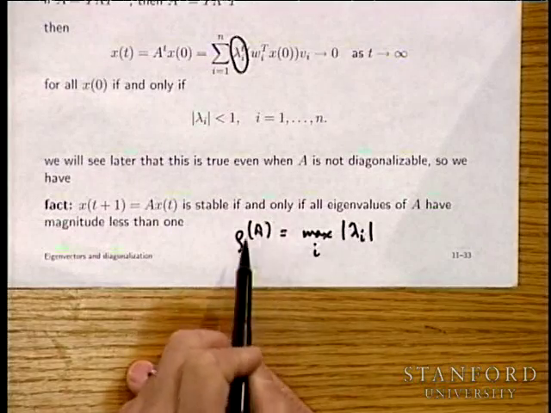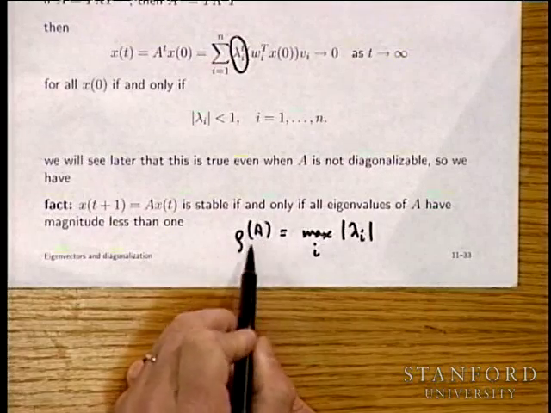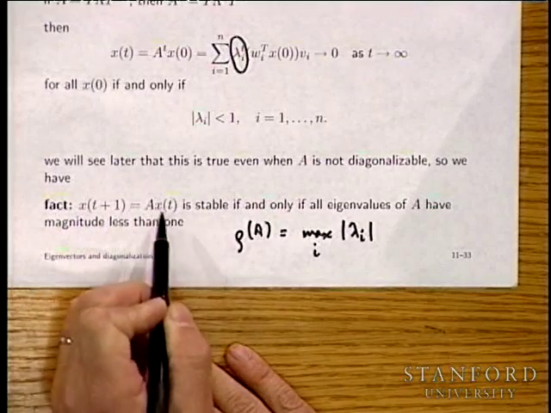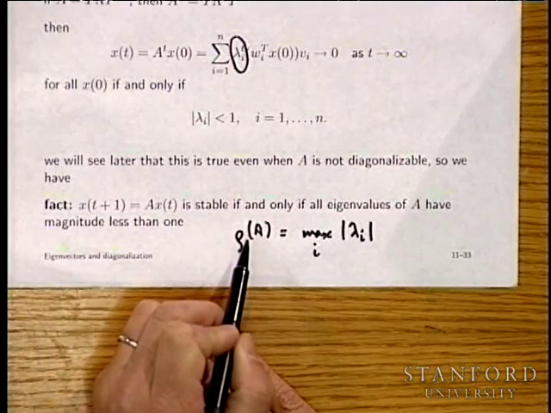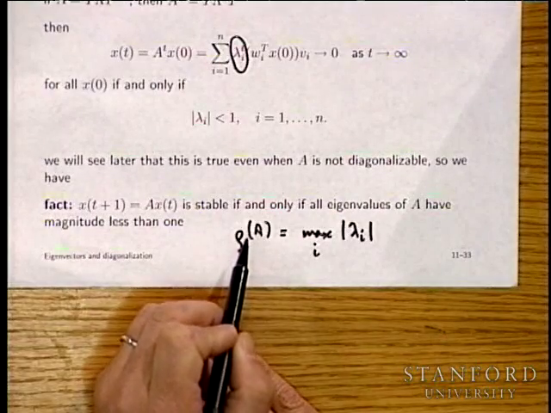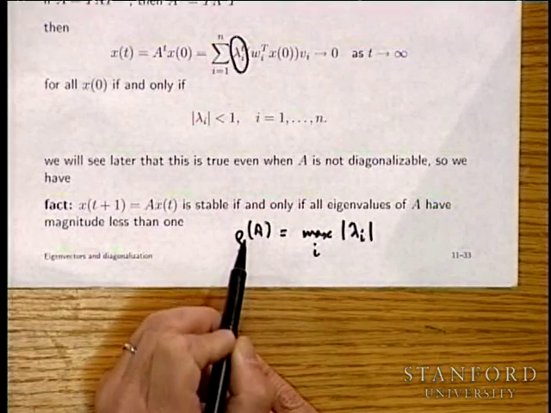This is relatively standard notation. What this says is the discrete time autonomous system x(t+1) = Ax(t) is stable if and only if the spectral radius of the dynamics matrix A, or update matrix, or whatever you want to call it, is less than 1. That's the condition here. All right?